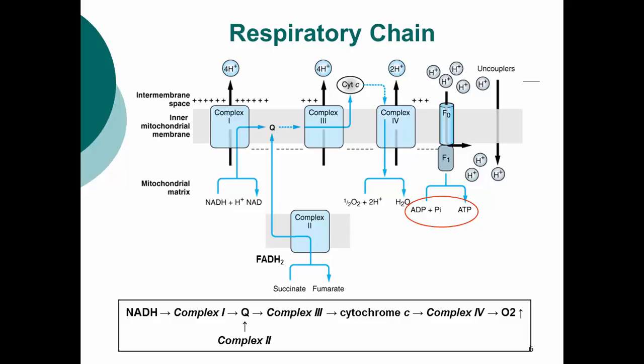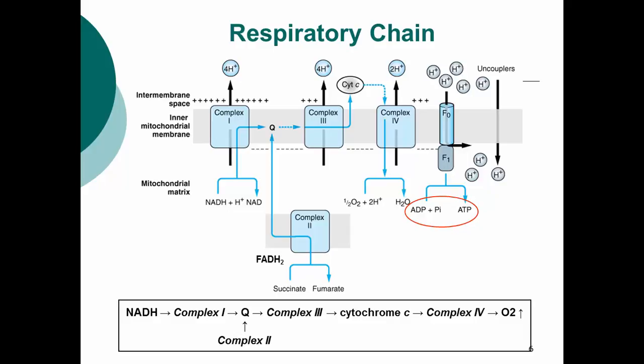So NADH, through these 3 complexes, generates 3 gradients, so that they are able to produce ATPs, right? The proton gradient eventually is transported back into the matrix, releasing energy and transferring energy to ADP, generating ATP, right?